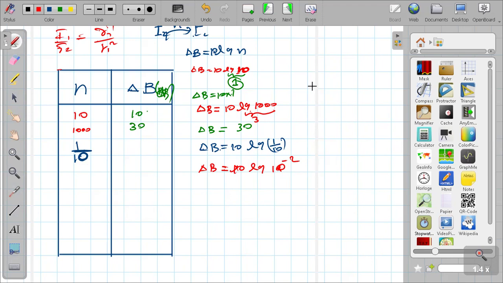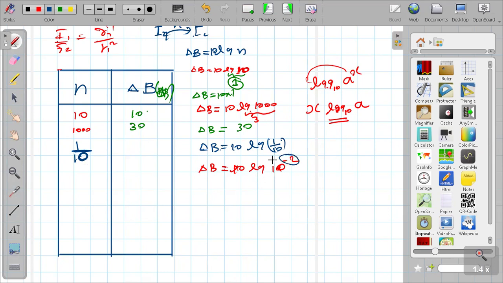So can you remember normal logarithmic rules? Log to the base 10 of a to the power x, how do you write this? You have to bring this index to the front as x times log to the base 10.